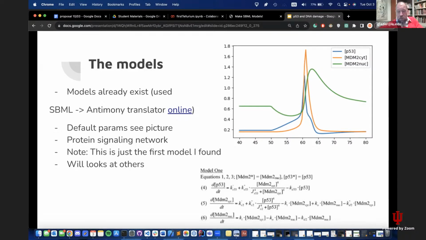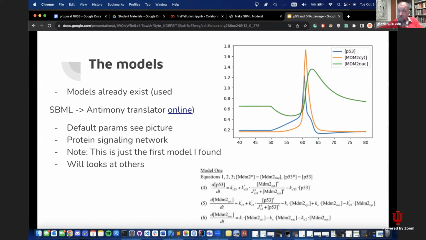Now, if we look at line 5, we have exactly the same thing, but now p53 is promoting the production of MDM2. We have the basal rate of production, the first term, the constant. We have p53 producing MDM2 as a Hill function, just like the previous line.